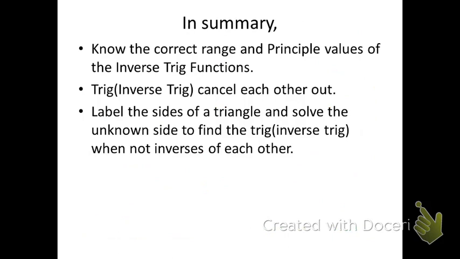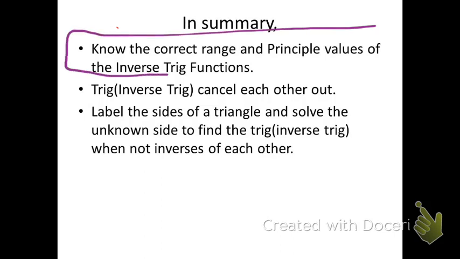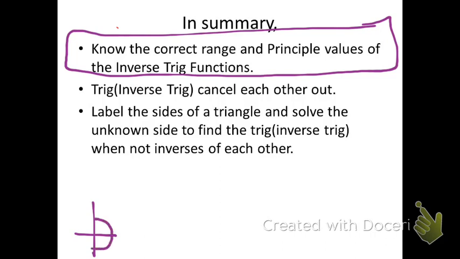Okay, I know this was a lot, but in summary, you are going to need to learn what are the principal values and the range that goes with those principal values. So remember, inverse sine, negative pi over 2 to pi over 2, and inverse cosine from 0 to pi.